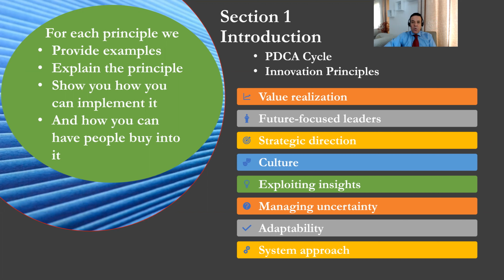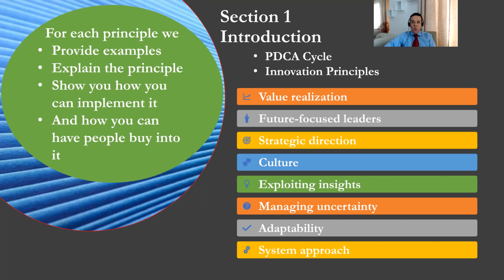A team should have the same understanding of all these principles. They all should believe in, buy into and adopt these principles. An innovation management system will not work, will not be effective, efficient, or achieve its goals if one of these principles is missing, or worse, if people have different interpretations of these principles.